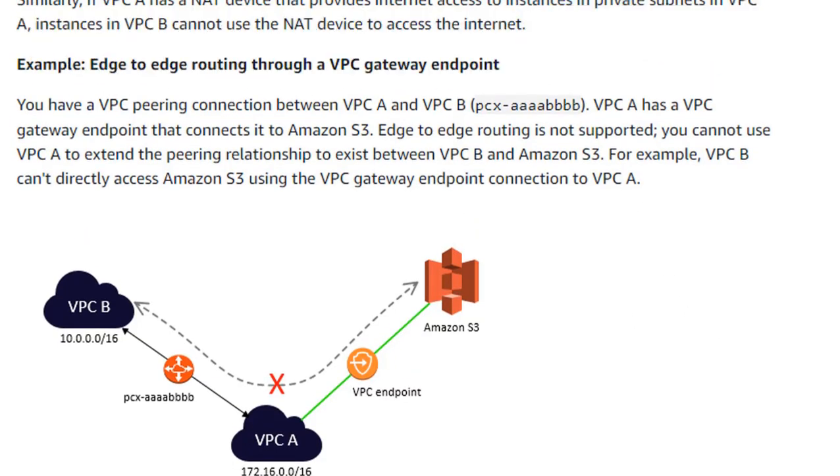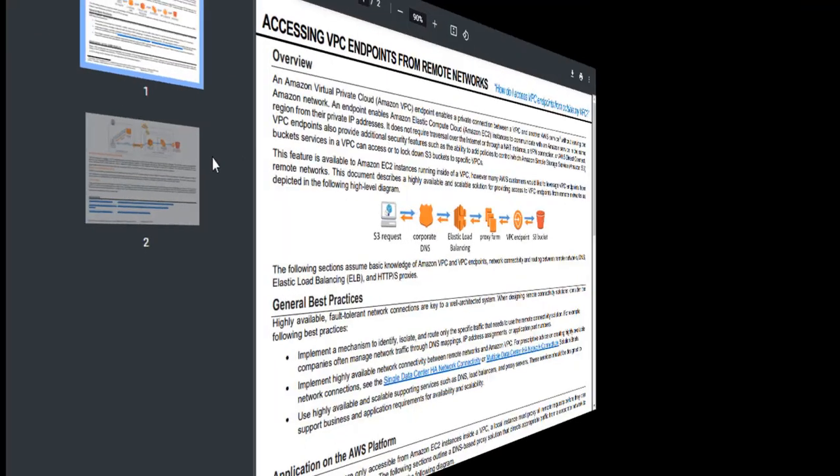And so in this scenario, we've got a VPC endpoint attached to VPC-A. VPC-B is a peer with VPC-A. That does not allow VPC-B to use the VPC gateway type endpoint that belongs to VPC-A. So you can't directly access S3 from VPC-B using the VPC endpoint of VPC-A.